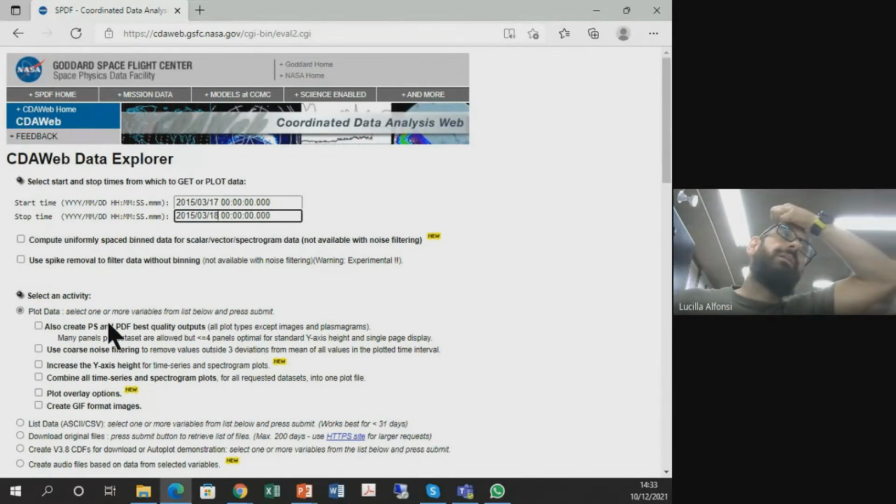And then you can select if you want to plot the data, or download the data in different formats, and so on and so forth.